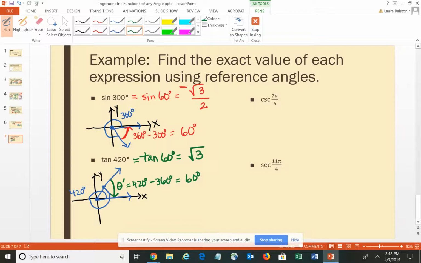And again, you can do the same thing if you have pi or radian measures. Let's see if we can do one quick example for radian measure.